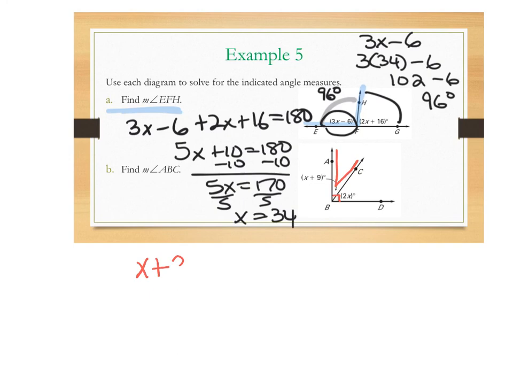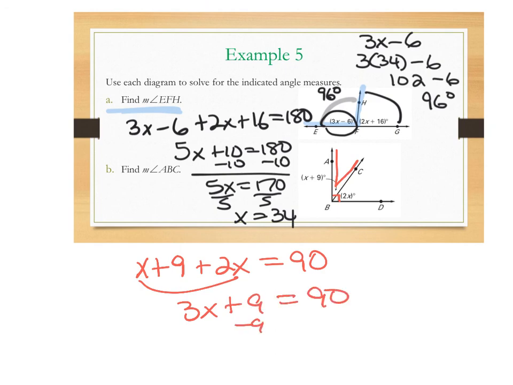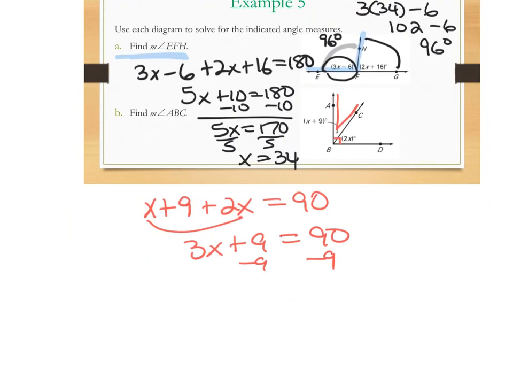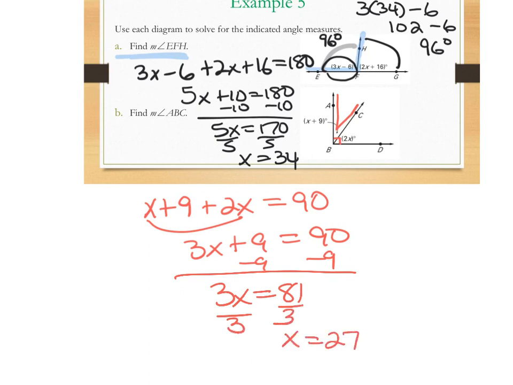So I'm going to add the two angles, x plus 9 plus 2x, and set it equal to 90 degrees. I'm now going to add my like terms. Subtract the 9. 3x equals 81. Divide by 3. And my value of x is 27.